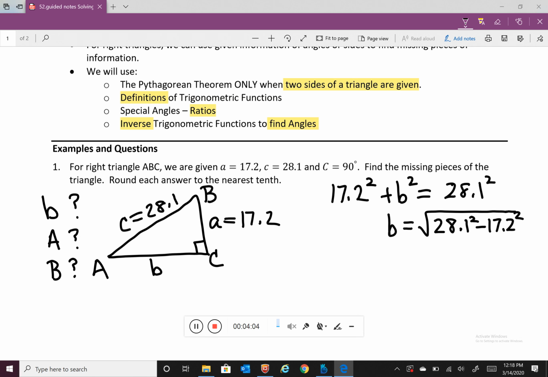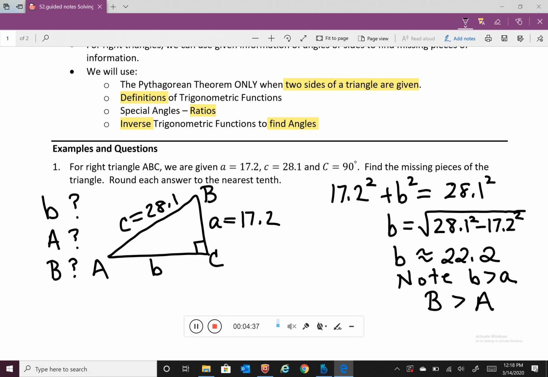When we substitute that into our calculator, we get an approximate value, rounded to the nearest tenth, of 22.2. Now, I do want you to notice that side b is greater than side a, which means angle B will have to be greater than angle A. So those are the two things we have left to find.